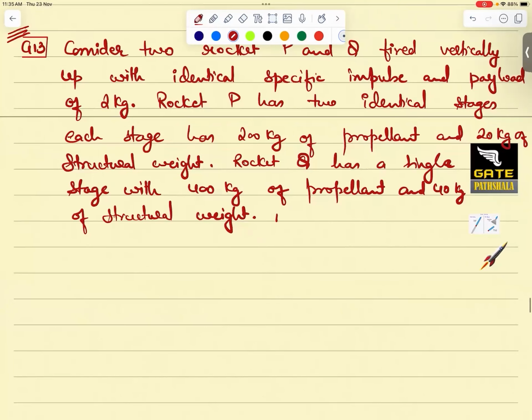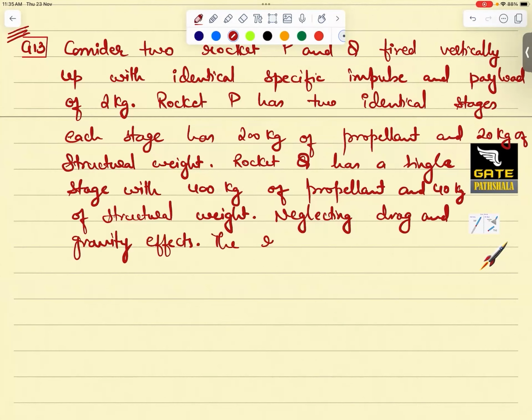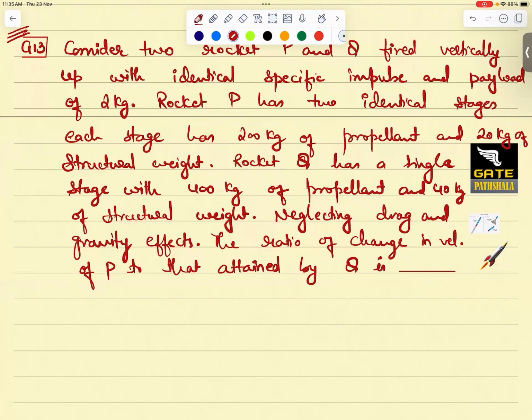Neglecting drag and gravity, the ratio of change in velocity of P to that attained by Q is ______.